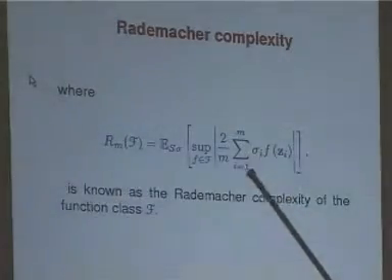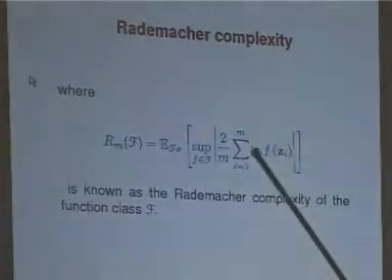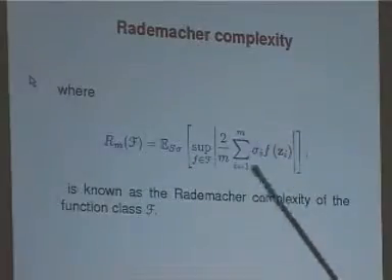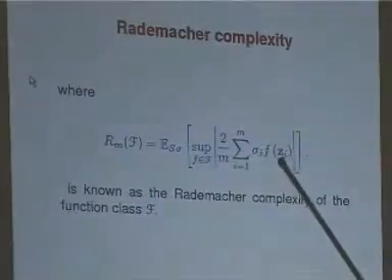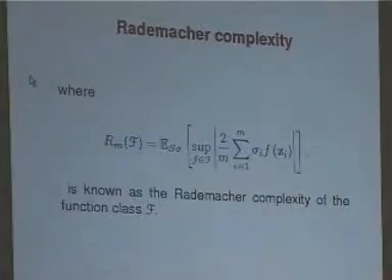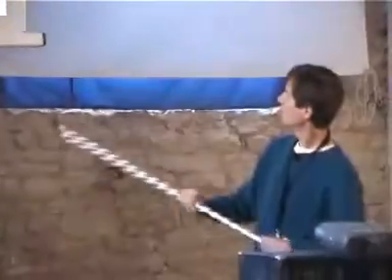If you imagine this is just the inner product between this -1, +1 random vector and the value of this function f on the training sample. So you've got the random noise over the training sample, think of it as random labels, and you're just trying to find a function that aligns as best it can with that random noise.